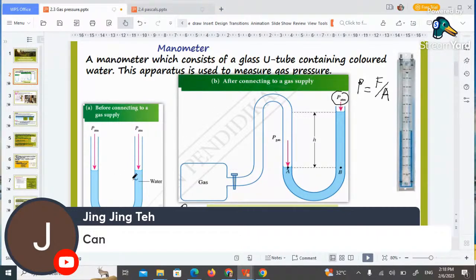If you want to measure a very high pressure of gas, we cannot use water in the liquid because it will cause a very large change in H. The length of the U-tube is not enough to support the length of H. So for high pressure of gas, we can change the liquid to mercury. The high density of mercury will cause the value of H to be smaller. So we can use a very short U-tube for the case of high pressure of gas in the container.